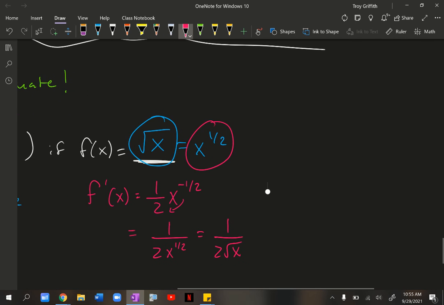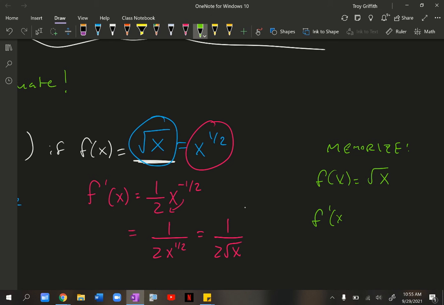This might be something that you want to memorize. I would encourage this because this particular derivative is going to come up a lot this year. If f of x is the square root of x, the derivative will always be 1 over 2 times the square root of x. It'll kind of allow you to skip this, and this, if you know to go straight from here to here if you're taking a derivative.